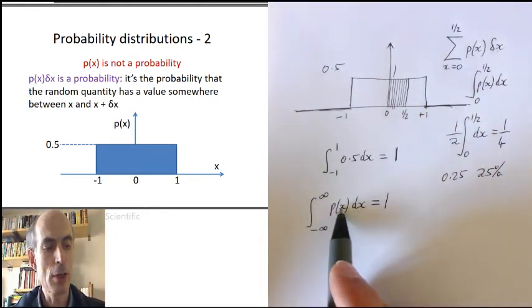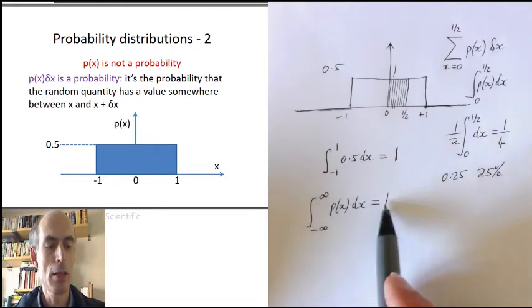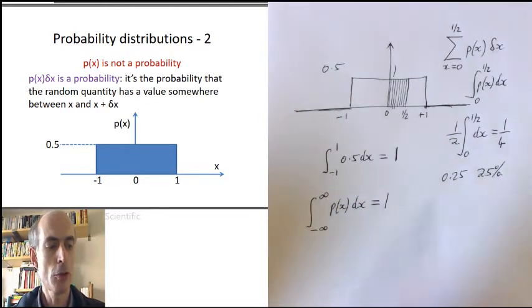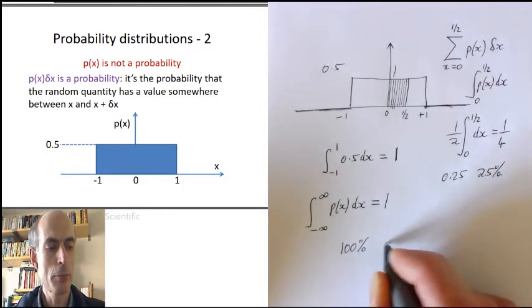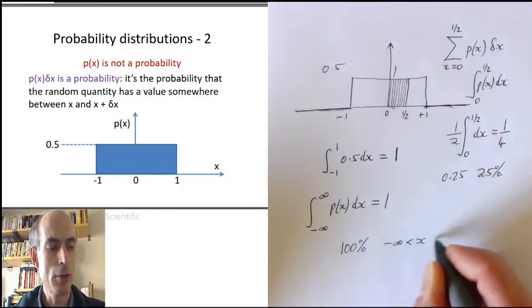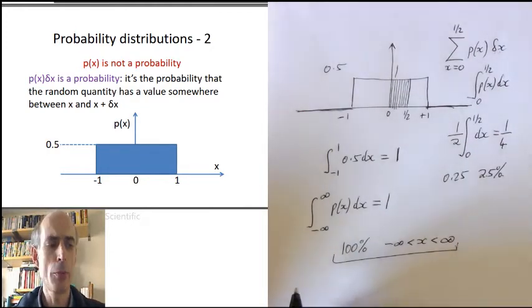That then says that the probability that x is somewhere between -infinity and infinity is 1. In other words, we can be 100% certain that x is somewhere between -infinity and +infinity, which is sort of obvious, really, when you put it like that, or at least I hope it is.